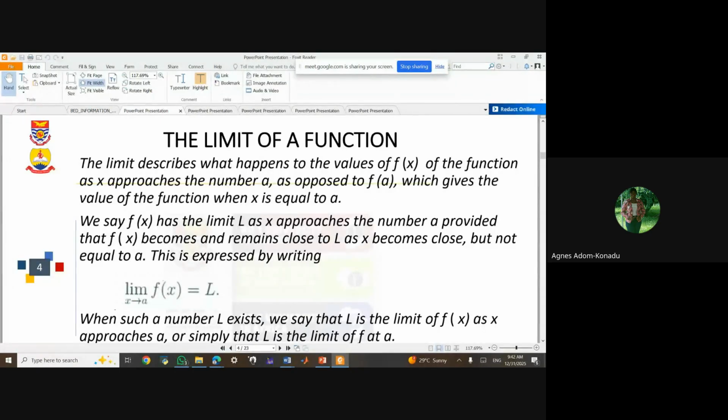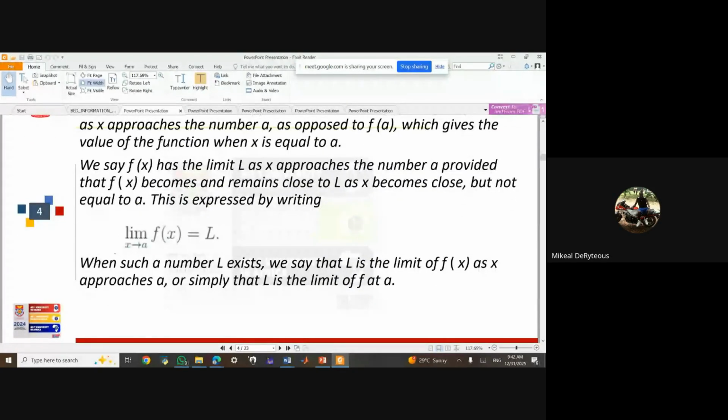We say f of x has the limit L as x approaches the number a, provided that f of x becomes and remains close to L as x becomes close to but not equal to a. This is expressed by writing the limit as x approaches a of f of x equals L. When such a number L exists, we say that L is the limit of f of x as x approaches a, or simply L is the limit of f at a.